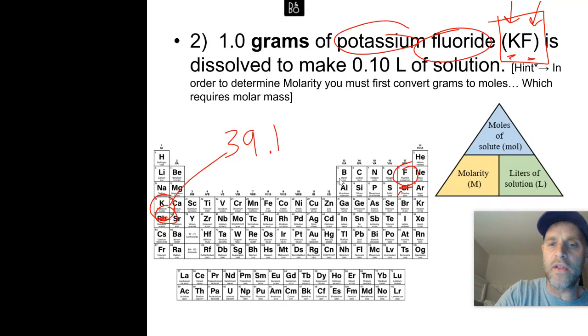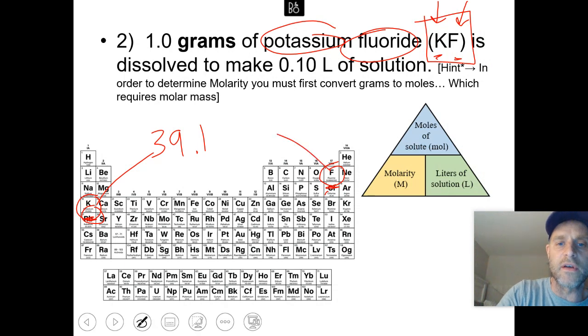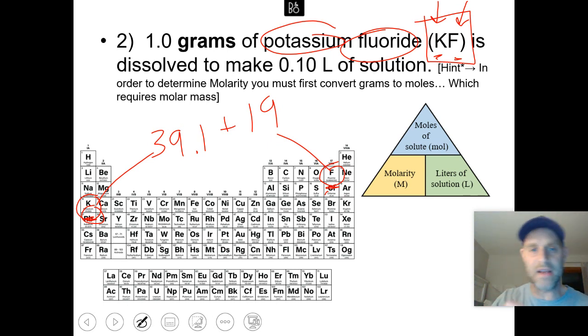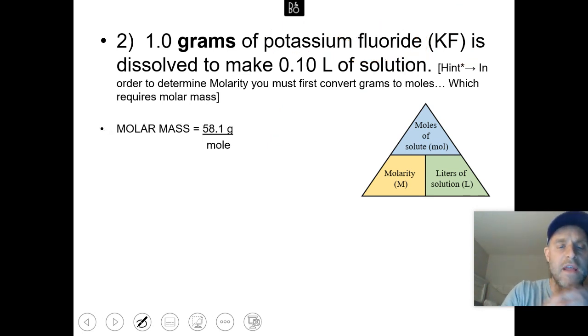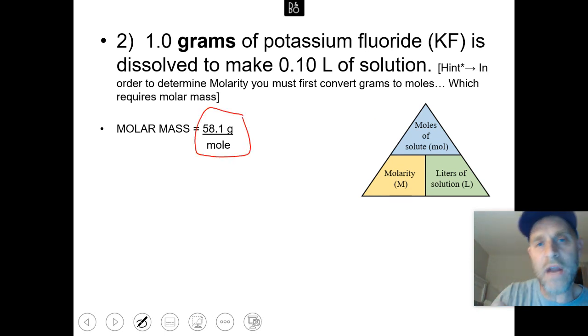Okay, we're going to just call that 19. That's close enough. So if I take 39.1 and I add that to 19, I get what's called the molar mass. Well, what is that? It's 58.1. Now the units that come in are grams per mole. That's my molar mass.